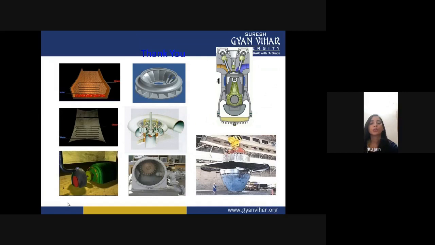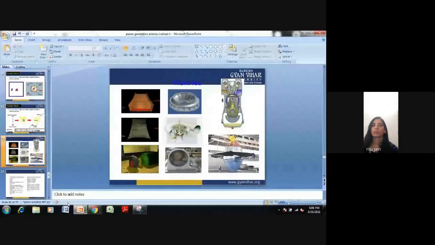The energy released after nuclear fission is used to heat up water, which is converted into steam, and that steam is fed to the turbine, rotating its blades. So the energy of steam is converted into mechanical energy through the turbine, and this mechanical energy is converted into electrical energy by the generator. So this is all about the nuclear power plant.